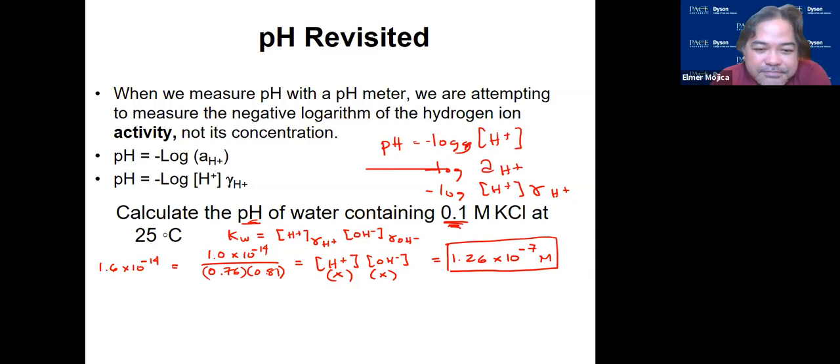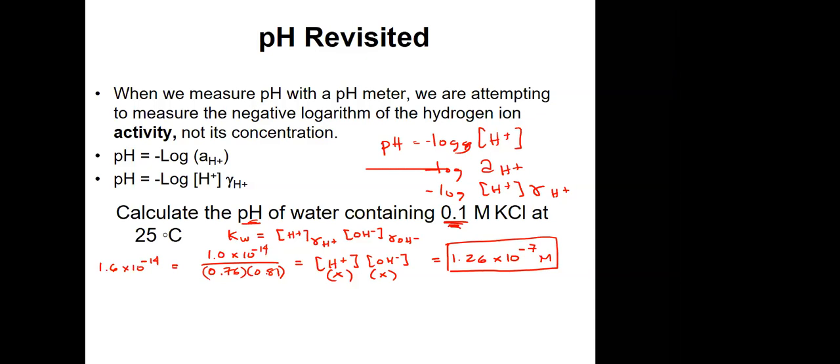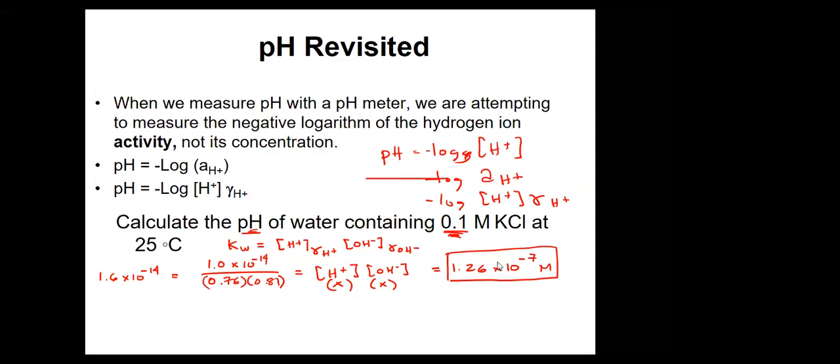Anyone? If we multiply this by the activity coefficient, won't it just give us 1 times 10 to the negative 7?